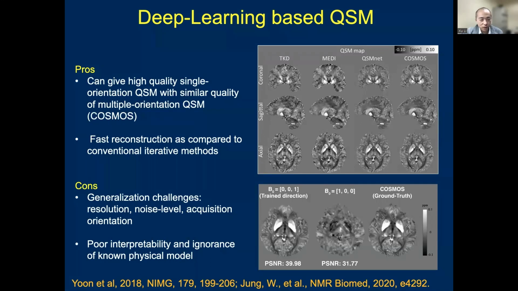But there are also some cons for deep learning-based QSM. It suffers from limited generalization capabilities, which means because the neural network is trained in a highly data-driven approach, its performance may degrade if your test data is quite different from your training dataset. Such differences may come from different acquisition resolutions, noise levels, the susceptibility range, or even the acquisition orientations.